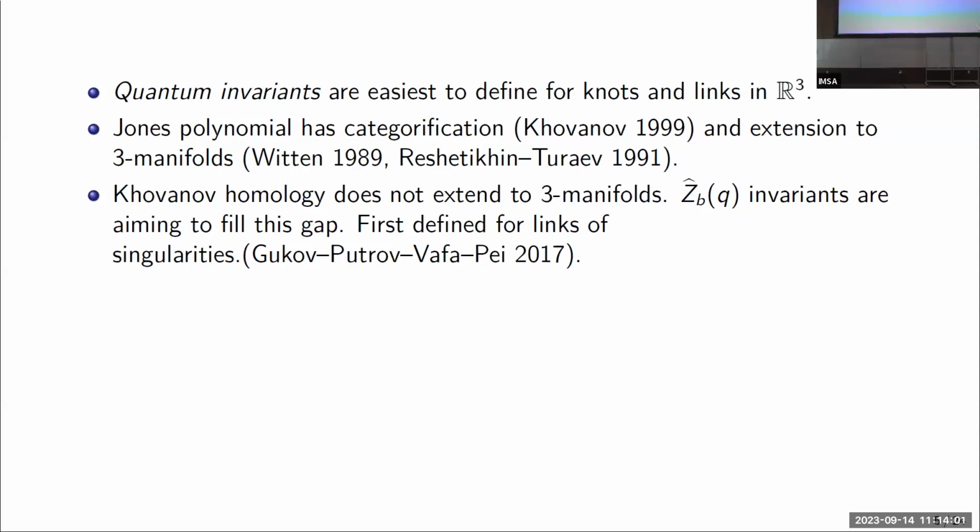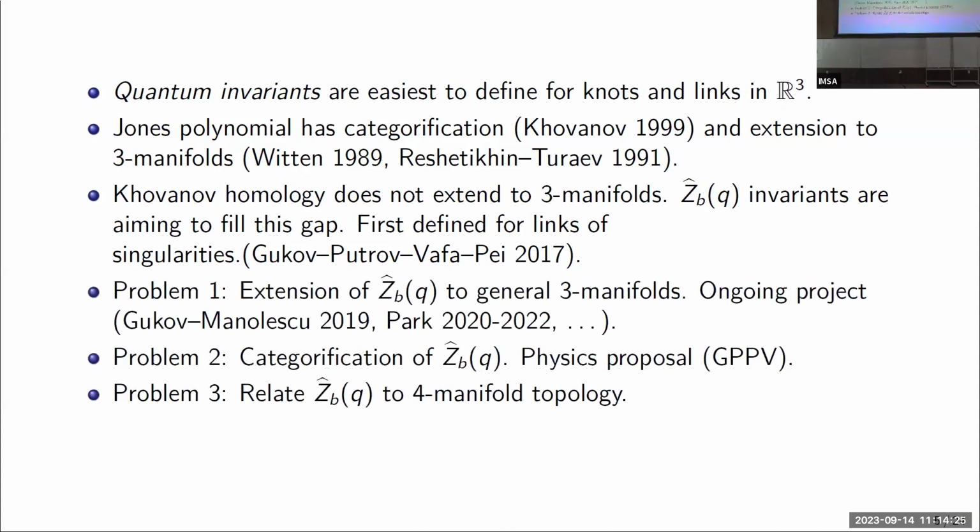So they should lead to the categorification and to an extension of Khovanov homology, because Khovanov homology is like an SU2 invariant, so there is a gauge group, and these also have a dependence on the gauge group and should have this role. Yeah, so now I want you to remember from this talk that there are three important problems here.